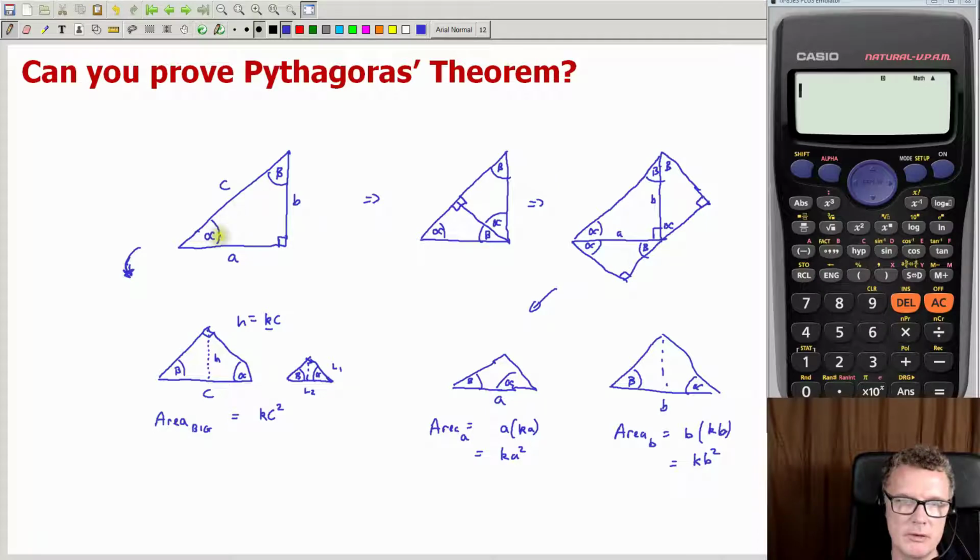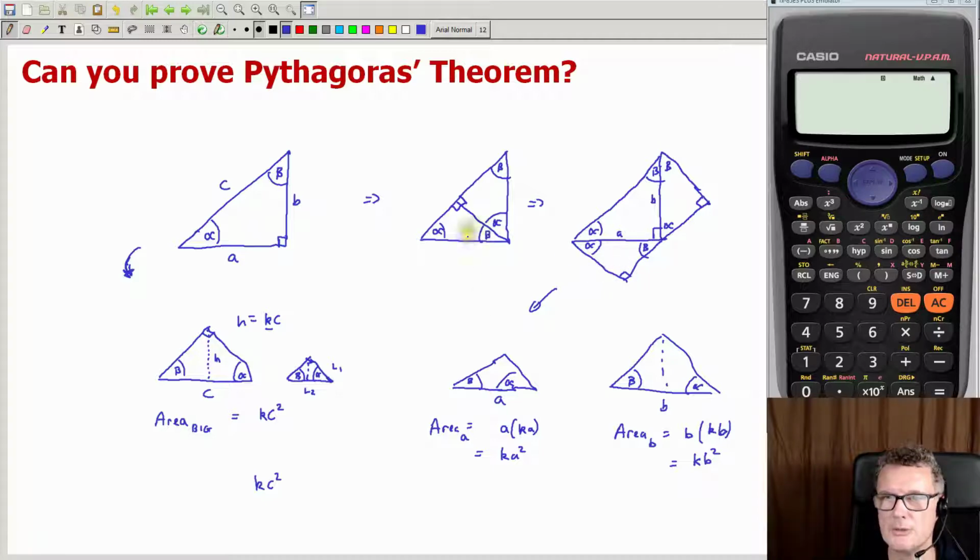So you say to yourself, right, so the area of the big triangle is going to be KC squared. The area of this triangle, I see there, sometimes I take that triangle there and take that down, but I've flipped it in space, so therefore it's not a problem.